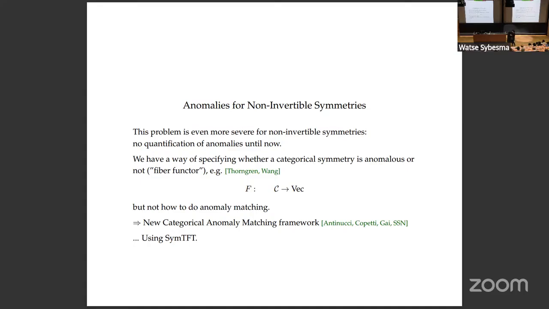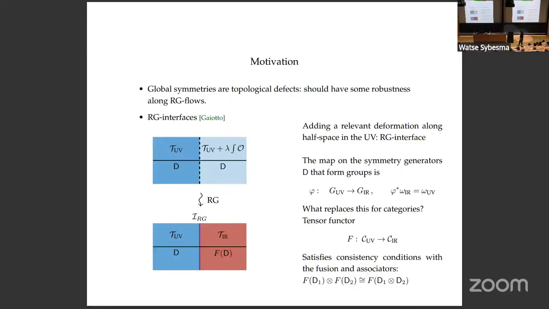Right? So that's what we would like to quantify. What are these 't Hooft anomalies? So what we did with my two postdocs, Andrea and Christian, and my student Johan, is to actually formulate this kind of anomaly matching, to actually quantify what that is. In particular, in 1+1D, this can be made completely precise, and I have lots of examples in higher dimensions.